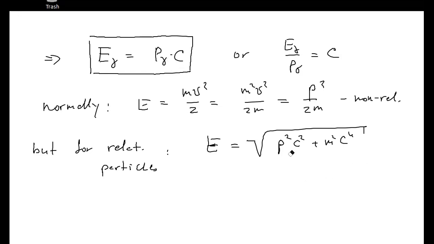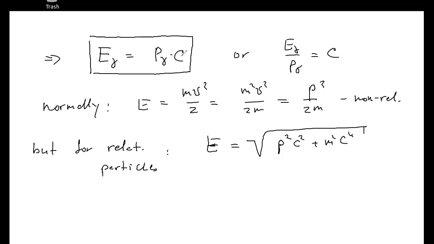Can you compare these two? What can you tell about the mass of the photon? If the energy of the photon is described by the relativistic equation, and remember photons are moving at the speed of light, you should consider them as relativistic particles.